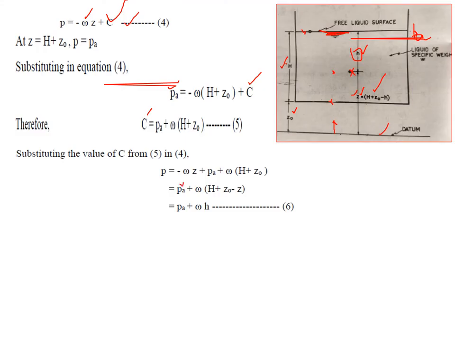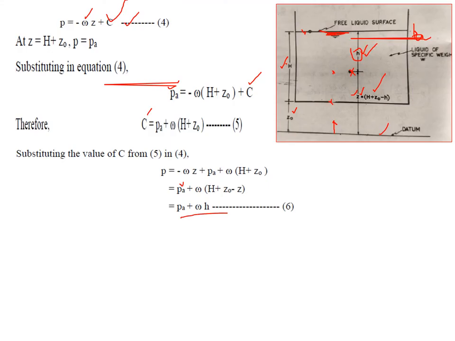Total height h plus z0 minus this z will give you this h. So therefore the equation becomes PA plus omega into h.